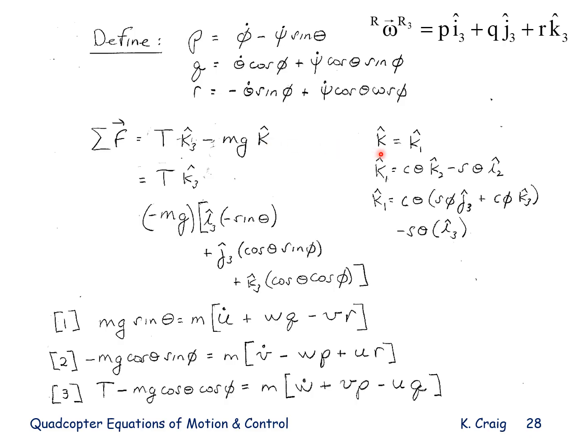I know that K hat equals K1 hat, and K1 hat can be expressed in terms of K2 hat and I2 hat, and that can be expressed in terms of I3 hat, J3 hat, and K3 hat. So the weight vector is minus mg times this vector. Putting this all together, I then get my three equations, translational equations of motion for the quadcopter.